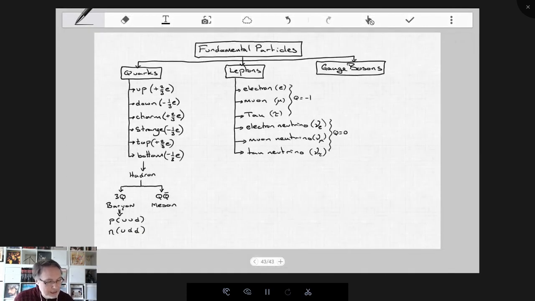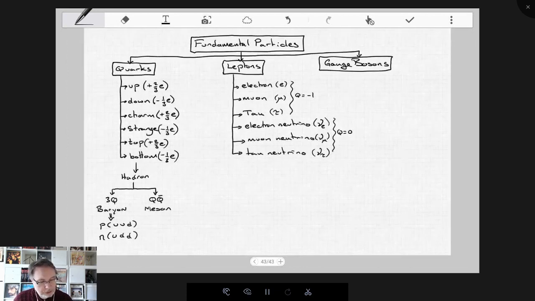Now, to complete this picture of fundamental particles are the gauge bosons, the gauge bosons are so-called mediators of the fundamental forces. What a strange phrase. Basically, it's a way of describing how a force comes about. In particle physics, a force is explained as attraction or repulsion by the exchange of particles.